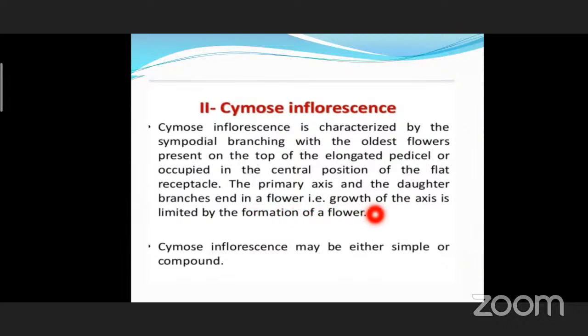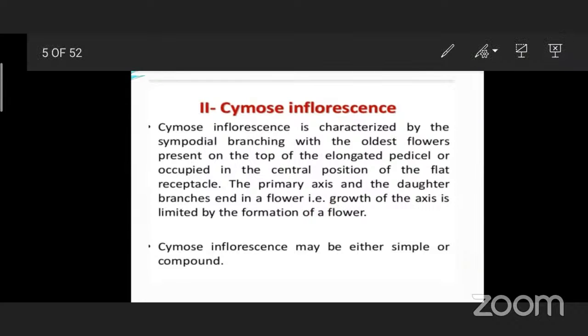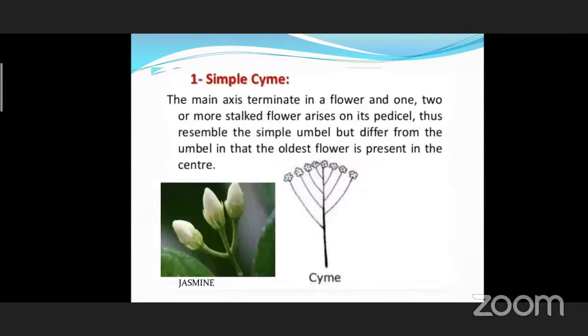That is, growth of the axis is limited by the formation of a flower. The cymose inflorescence may be either simple or compound, branched or unbranched. First one, simple cyme or cymule.